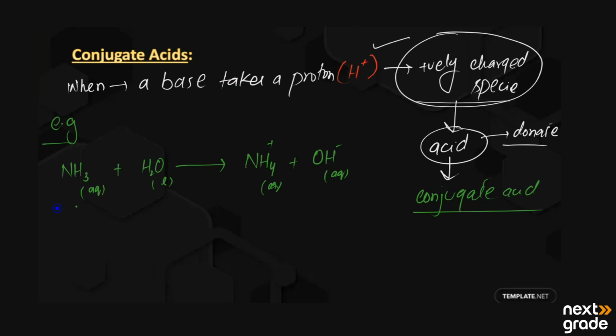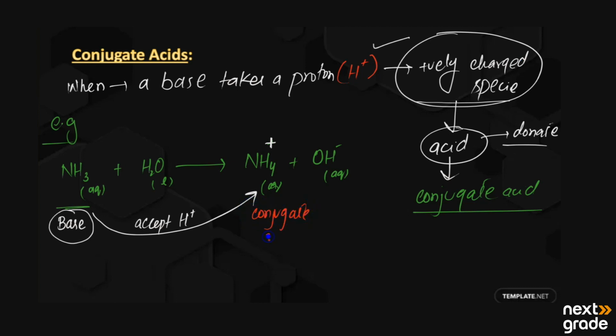So here NH3 is a base, and it acts like a base because after the reaction it has accepted the proton. After the reaction with the water, it produces NH4 positive, a positively charged species.